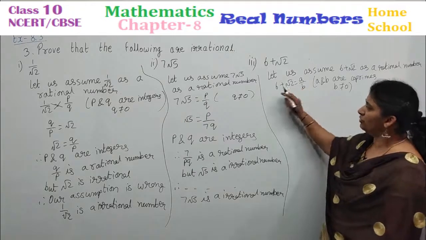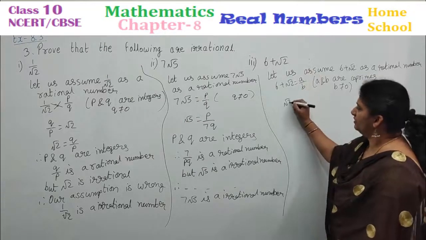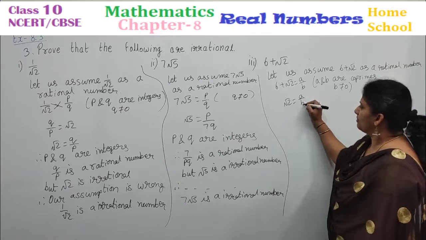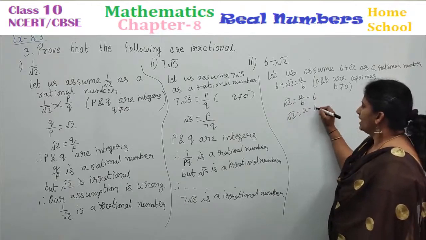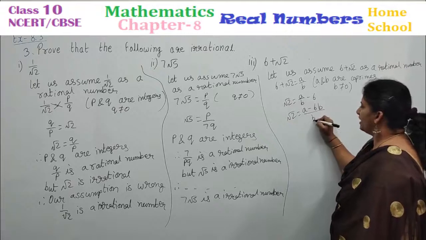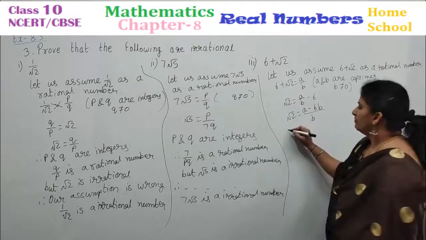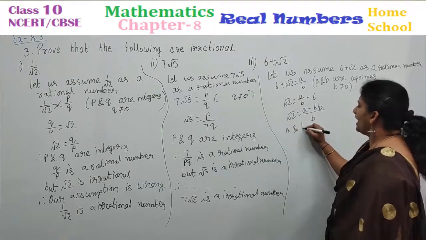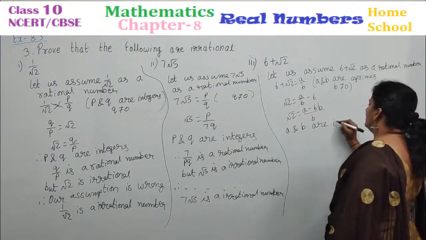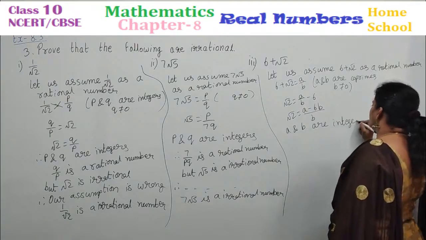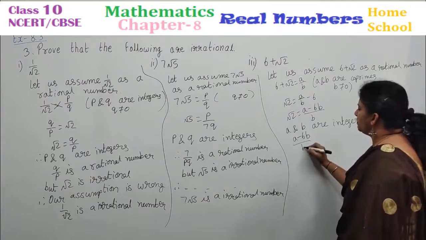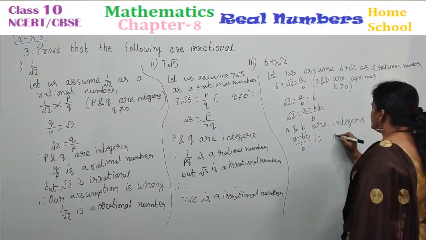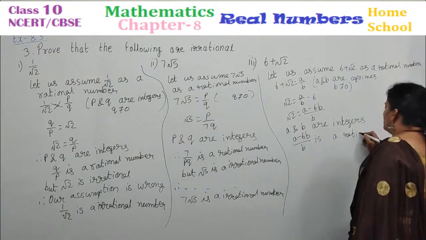Now, other than root 2, remaining terms on that side, root 2 is equal to a by b minus 6. Do LCM, a minus 6b by b. We know that a and b are integers. Therefore, a minus 6b by b is a rational number.